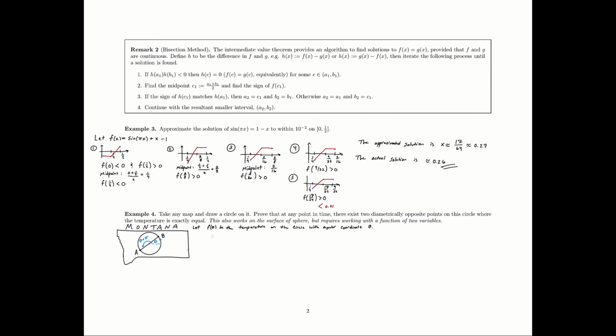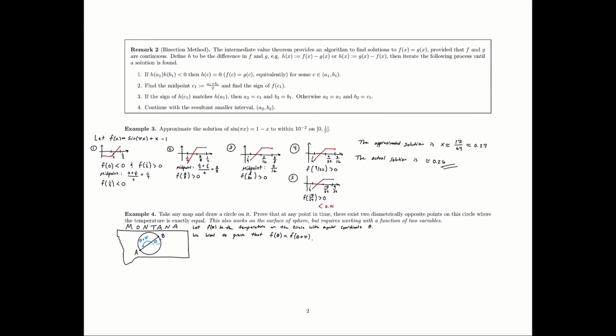All right. So now we want to prove that we can find some pair of locations where the temperature at the one location, f of theta, is equal to the temperature at theta plus pi on the other side of the circle. That's what we want to find. Now this problem is set up just like any other problem that we've done.